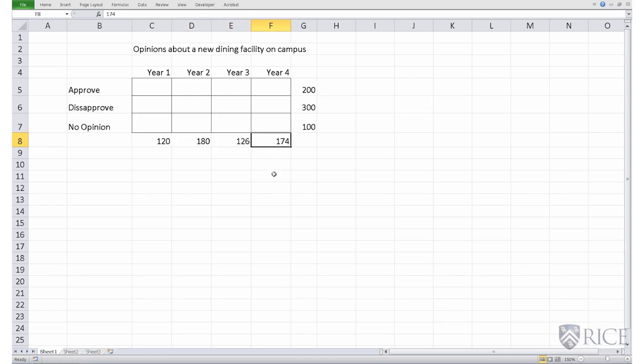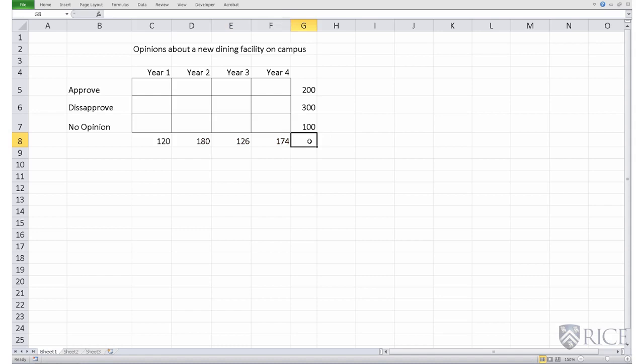And now, given this information, we are tasked to fill in these empty boxes within the table, under the assumption that the year of a particular student is independent of his or her opinion about the dining facility. We begin by calculating the total number of students, which is nothing but the sum of the row totals, which also would be equal to the sum of these column totals.